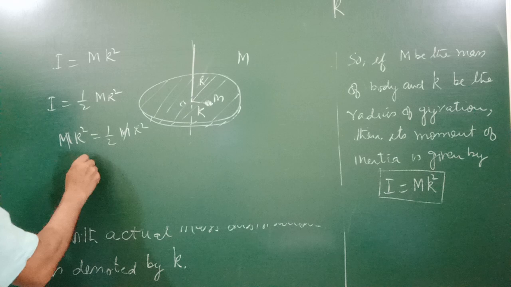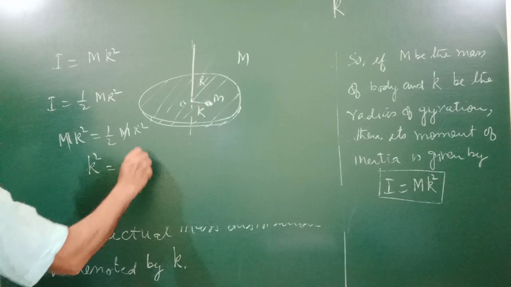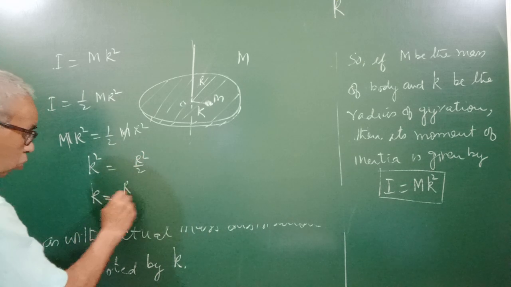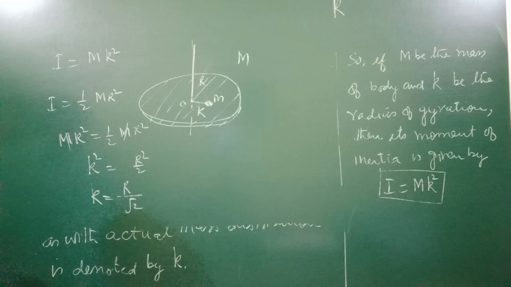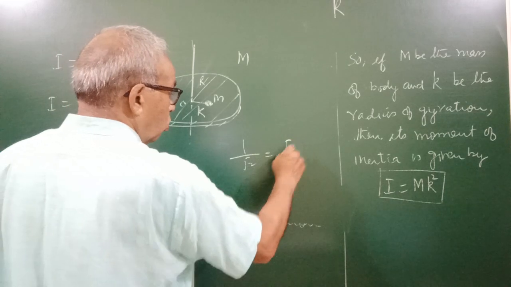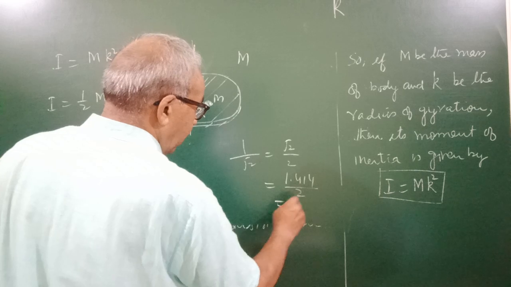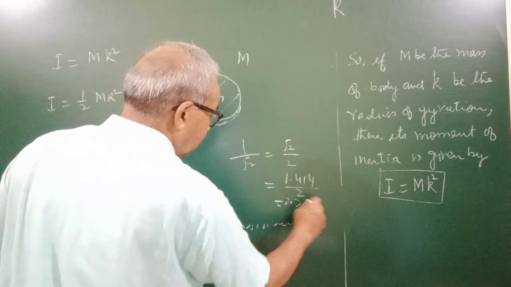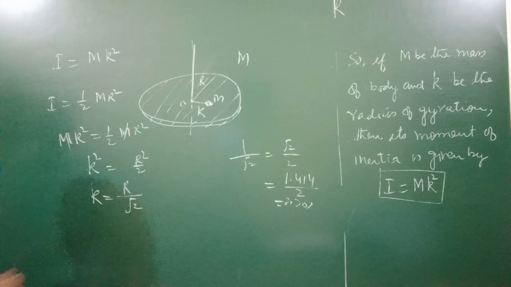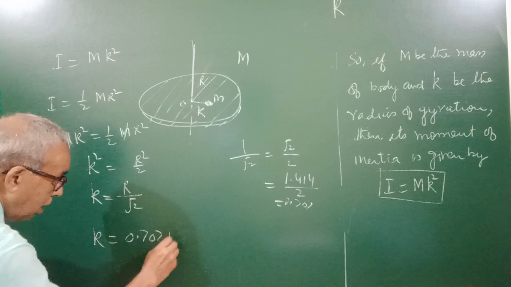Cancelling m, k square is equal to r square by 2. It means k is equal to r upon root 2. You know 1 upon root 2, how to solve it? It is root 2 upon 2, root 2 is 1.414, upon 2, it is 0.707. So k here comes out to be 0.707 r.